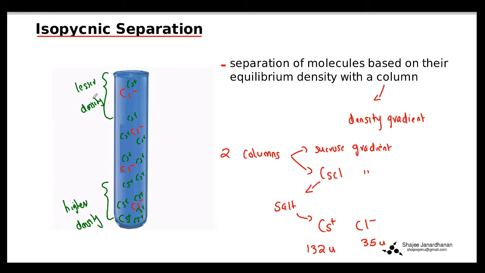So this is how you create a density gradient column. This is the exact way Meselson and Stahl created a cesium chloride density gradient column.